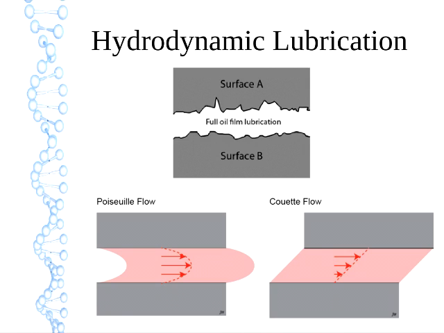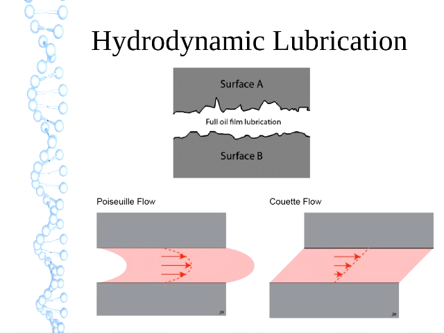So within hydrodynamic lubrication, you've got two types of flows. One is Poiseuille flow and the other is Couette flow. With Poiseuille flow, it's driven by pressure. So there's a pressure that's pushing the lubricant between the surfaces, and the velocity is zero on either edge of the flow, and it's the highest in the middle.